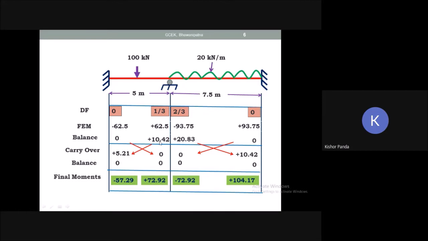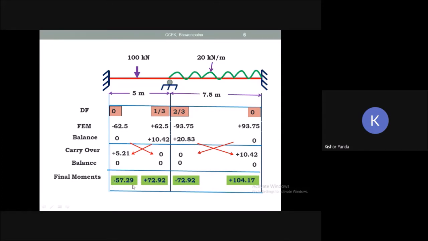So the sum of these moments is plus 72.92. Here you take the sum of these moments: minus 93.75 plus 20.83, 0, 0. So this is minus 72.92. Here you take the sum of these moments: plus 93.75, 0, plus 10.42, 0. So this is plus 104.17. So these are the final moments.